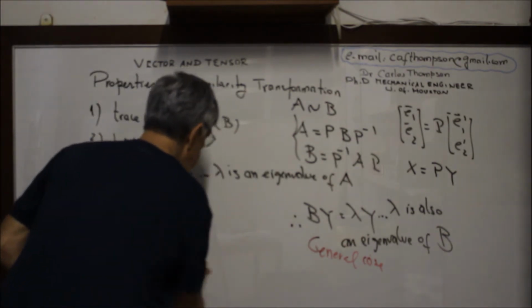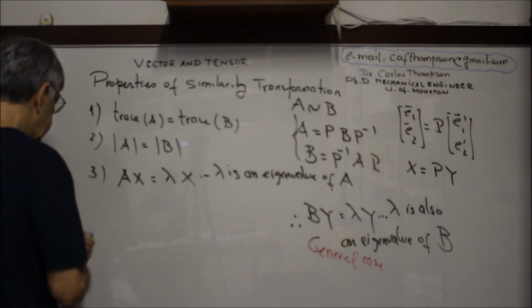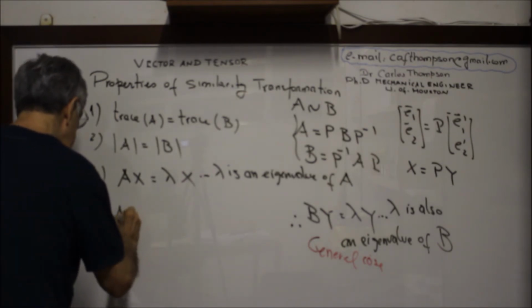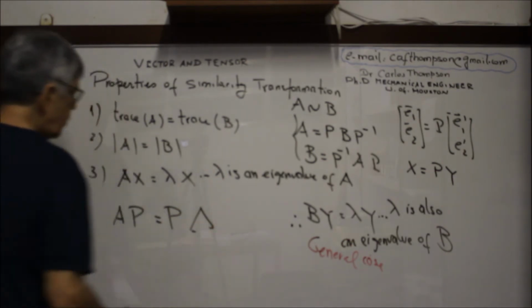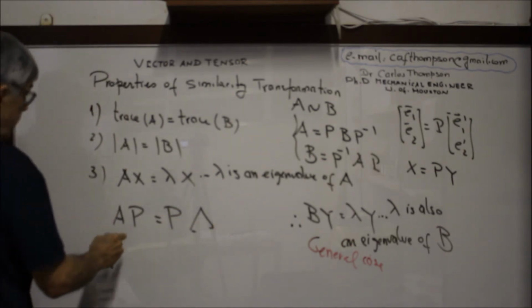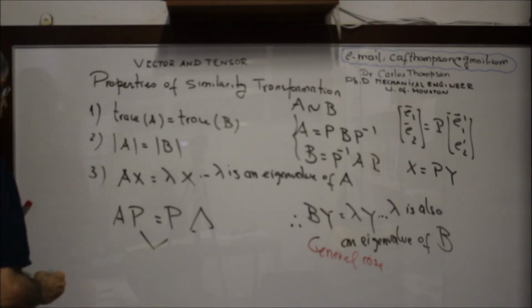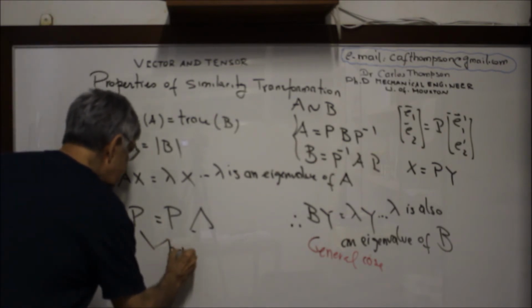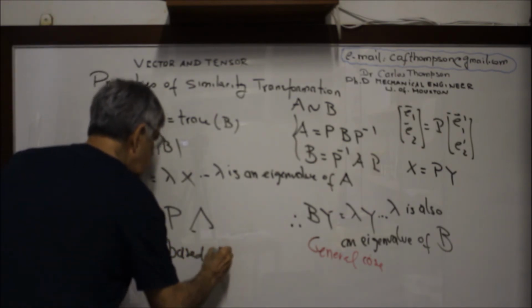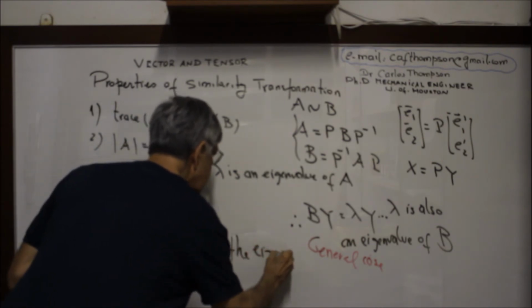We know that A P is equal to P capital lambda. Now, this P here is constructed based on the eigenvectors.